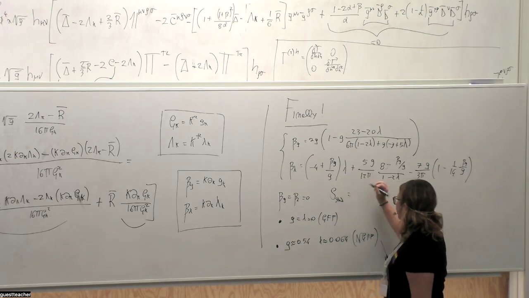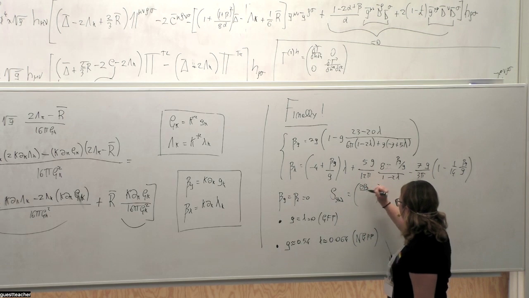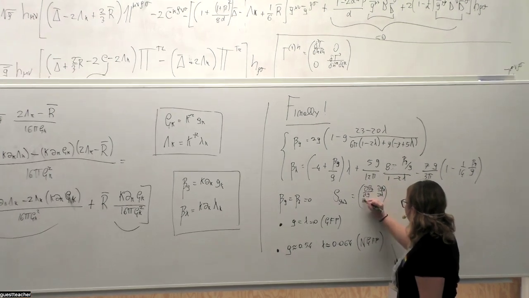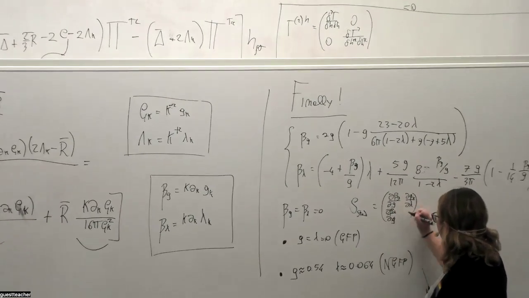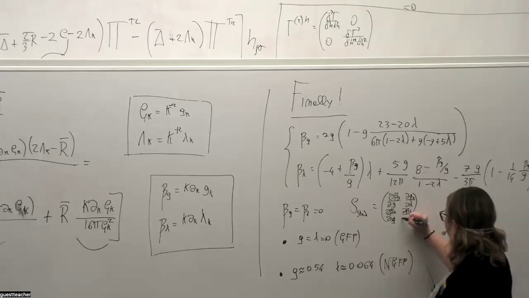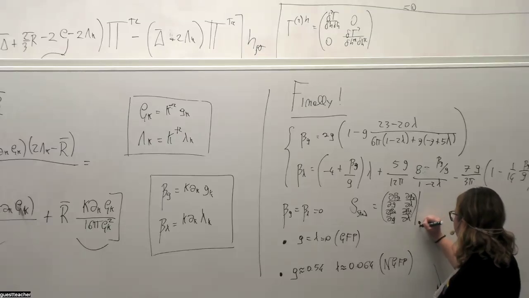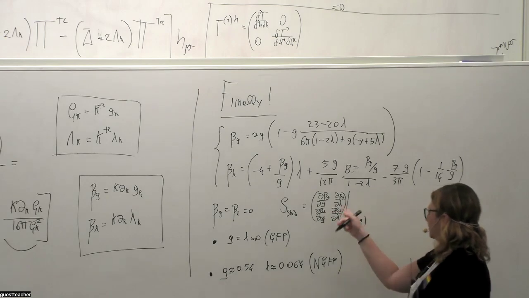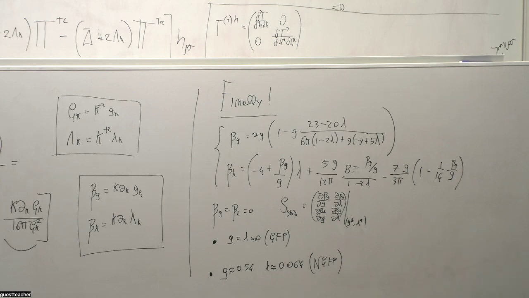The stability matrix in this case is the variation of beta g with respect to g, variation of beta g with respect to lambda, variation of beta lambda with respect to g, and the variation of beta lambda with respect to lambda, evaluated at some fixed point, so g star, lambda star. And out of this, it is important to compute eigenvectors and eigenvalues.